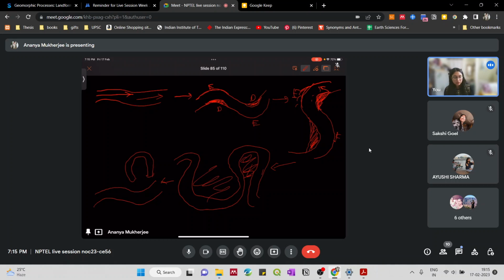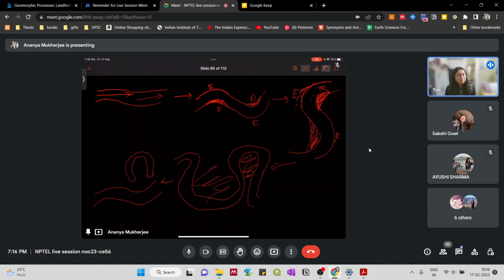So you can see how the sinuous nature of the river's channel is changing with time. It's changing with the flow velocity, with the amount of sediments getting deposited, and how much it can erode.